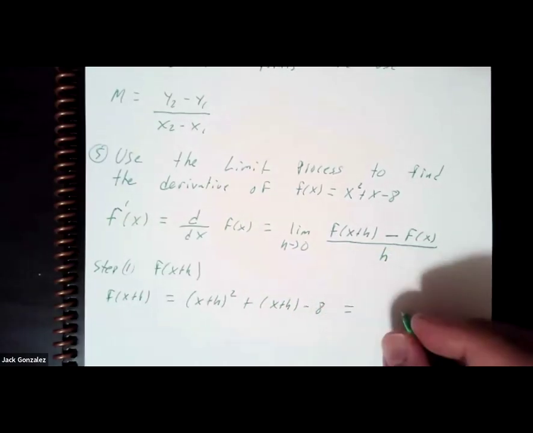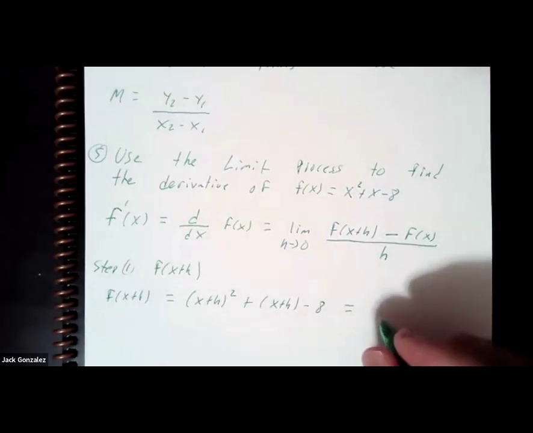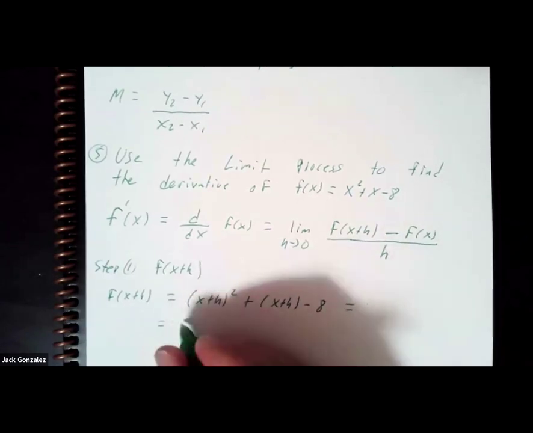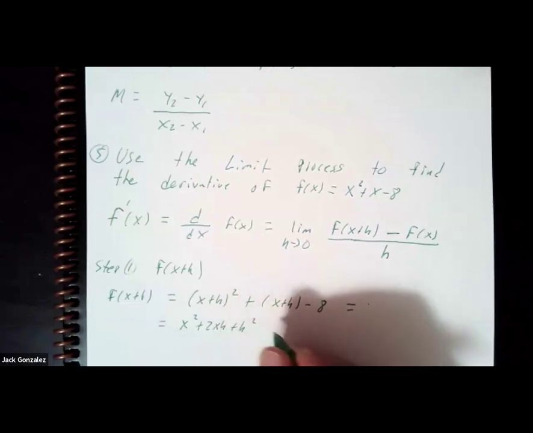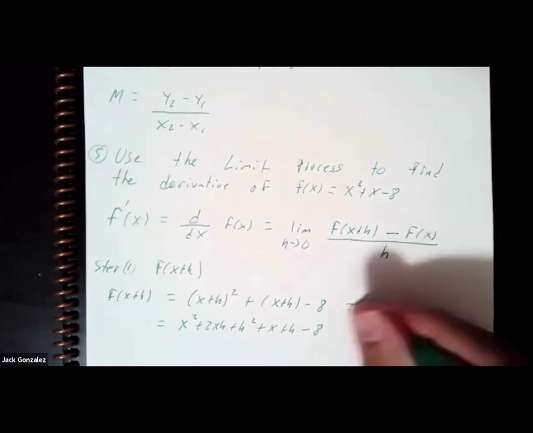So that will be, I have to square all this nonsense. So square this. I'll do it down here. x squared plus 2xh plus h squared plus x plus h minus 8. There is the expansion.